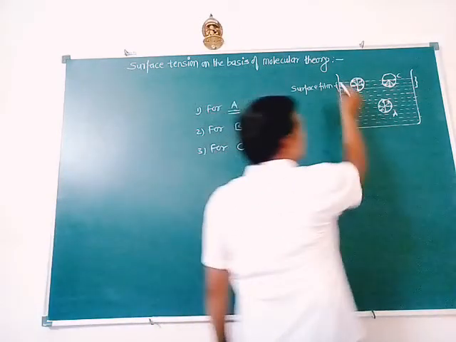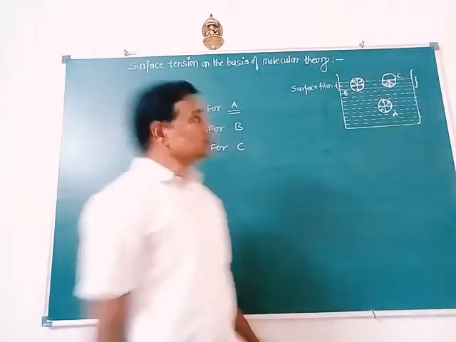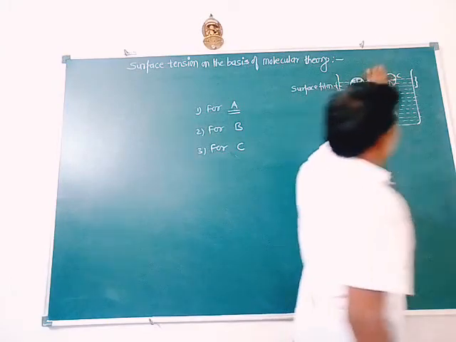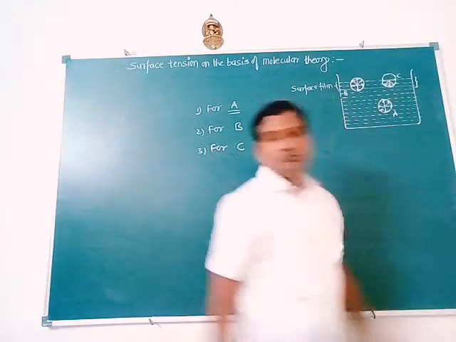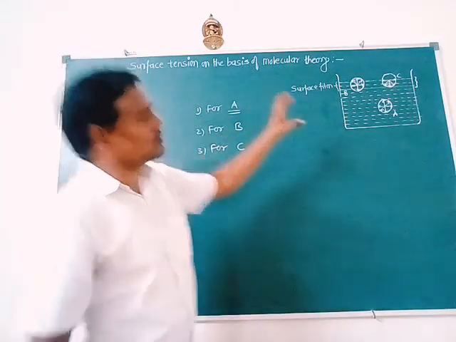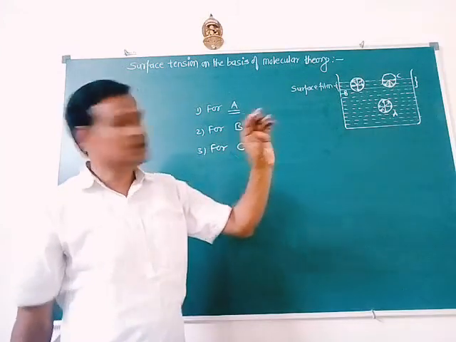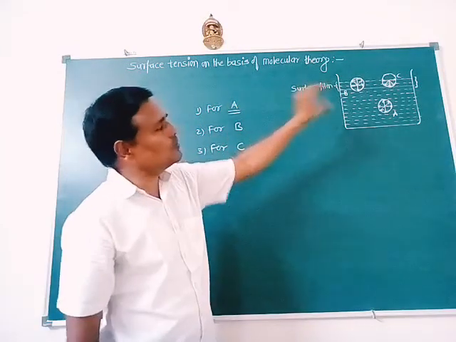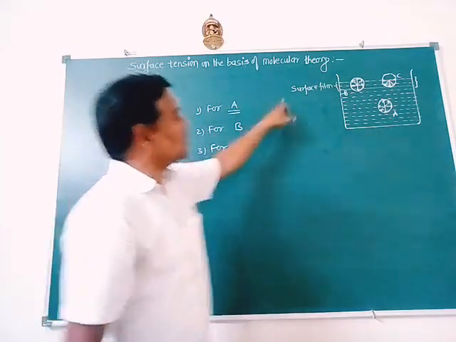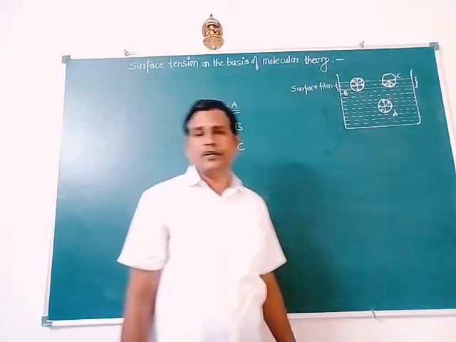See here this layer. Actually this is the molecular range, and this molecular range we consider as thickness. That layer of liquid having thickness equal to the molecular range is called a surface film.